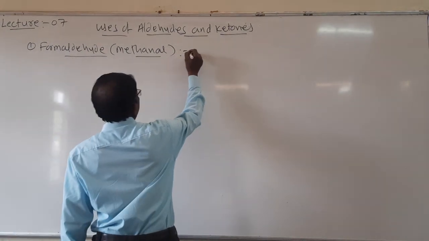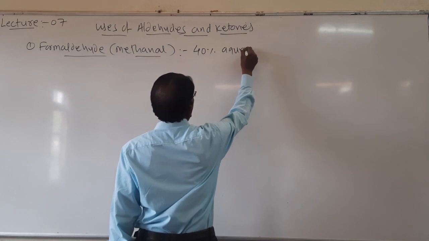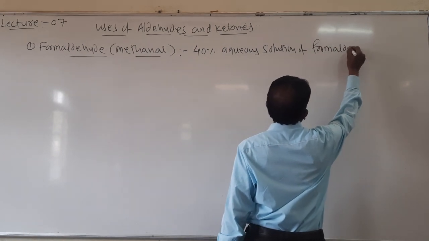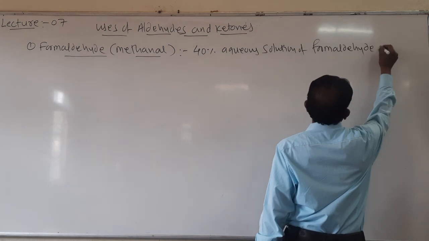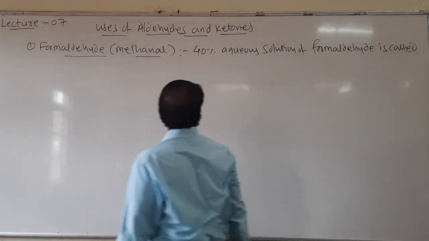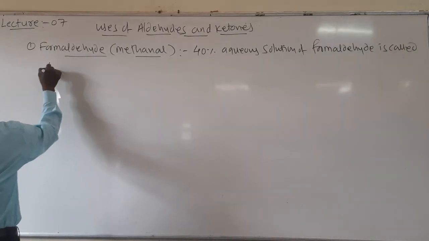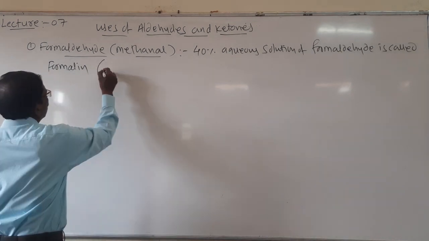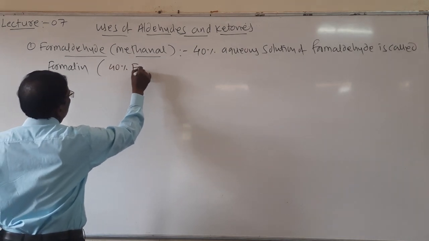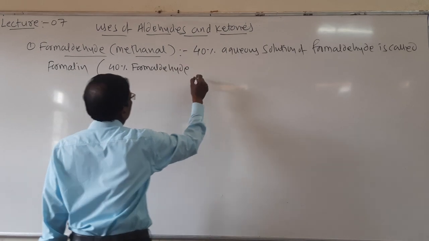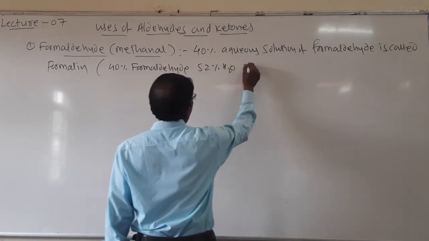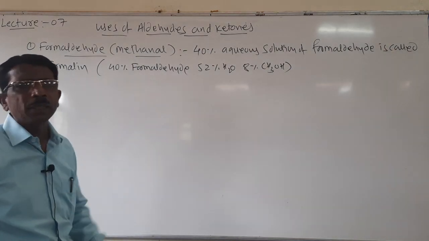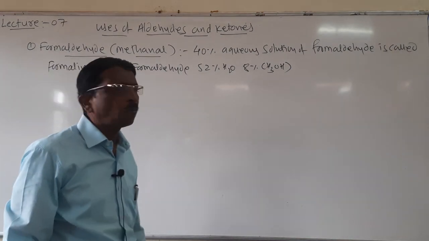Actually it is 40% formaldehyde, 52% water and 8% methanol. A little methanol is also added here. So the 40% aqueous solution of formaldehyde is called formalin.